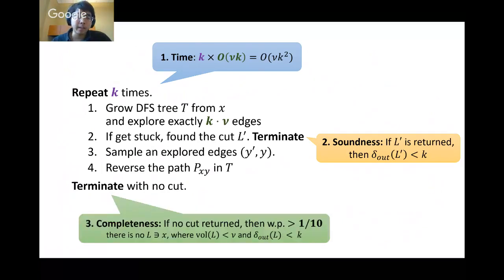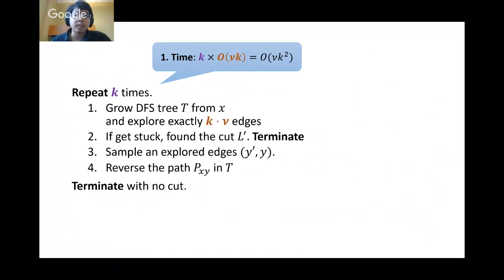And for completeness, we need to show that if no cut is returned, then with some constant probability, there is no cut of small volume and small cut size less than k. By the way, this probability 1/10 is no problem, because you can just repeat log n times to get a high probability guarantee. So, three things we have to show.